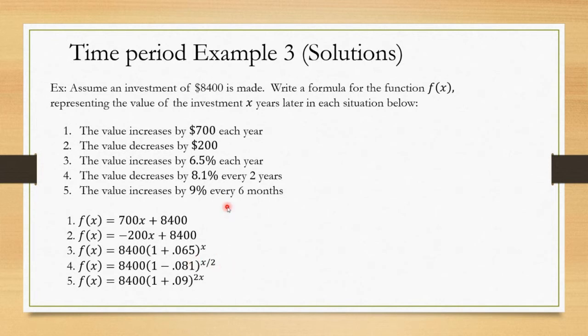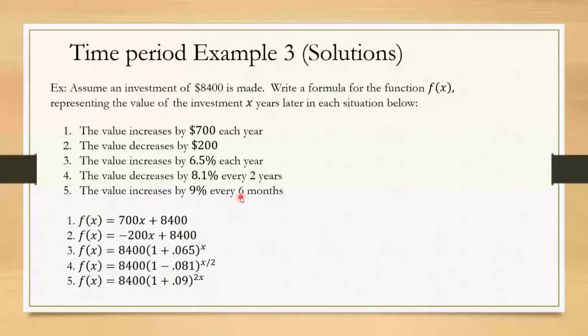And then finally, the value increases by 9% every 6 months. So R would be 0.09, 9% as a decimal. Down here, it's increasing, that's addition.